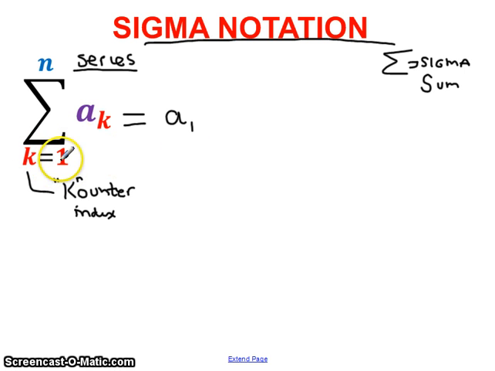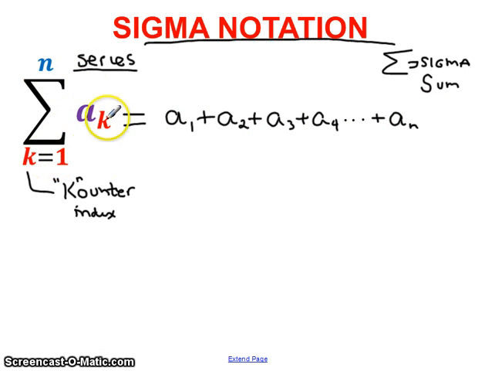So now we're going to change from 1 to 2, and we're going to do the same thing and add everything previous to it. Then we change 2 to 3, and 3 to 4, and we keep on doing that until we get to k equals n. The last time we go through this process, k is equal to n.